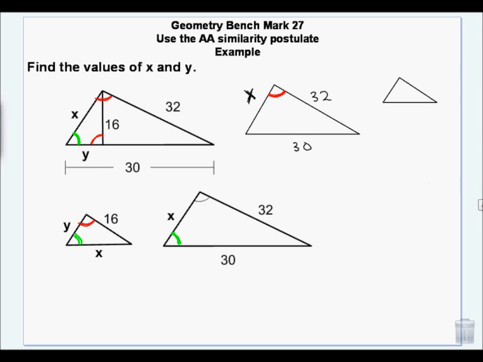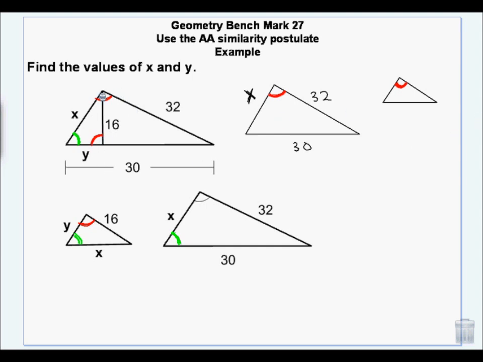And then I take the small triangle, okay? And I know I'm gonna have the small triangle, so to figure out how to label it, from the little triangle, I start with the congruent angle, because that's this angle down here that's been marked.